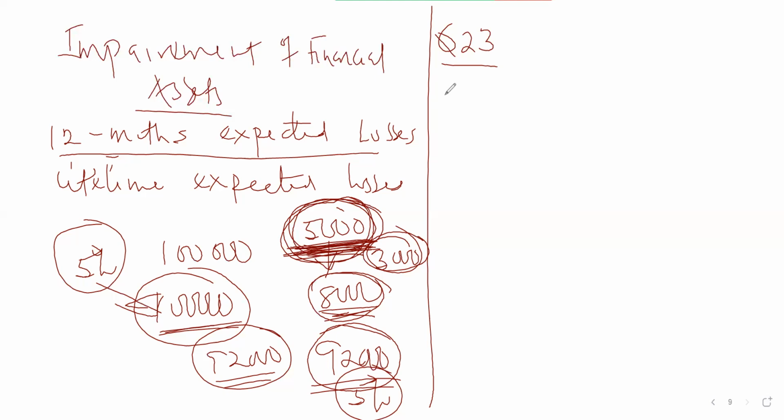Question 23. On 5 January 20X1, NAPA purchased a bond for $1 million, which is measured at amortized cost. Interest of 10% is payable in arrears. Repayment is due on 31st December 20X3. The effective rate of interest is 10%. On 31st December 20X1, NAPA received interest of $100,000.